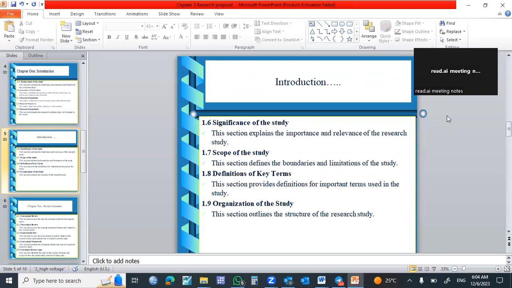Finally, we'll have the organization of our study, which depends on the structure and the chapters that we will cover in our research, and the contents of each chapter. The topics that we'll consider in each chapter will be addressed in the organization of the study part of our research proposal. This is what we will incorporate in the first chapter, the introductory part of our research proposal.